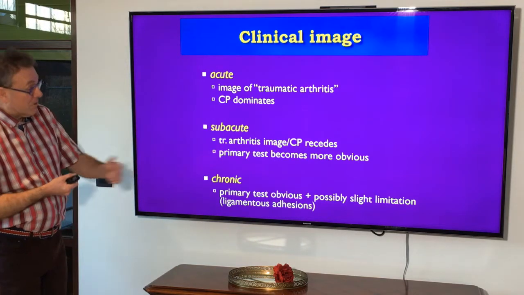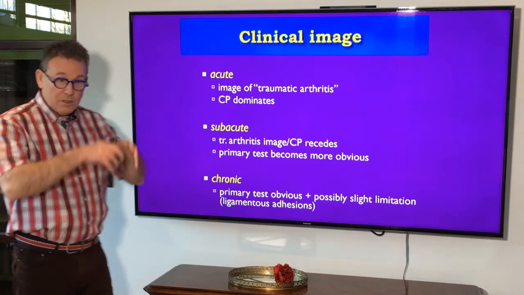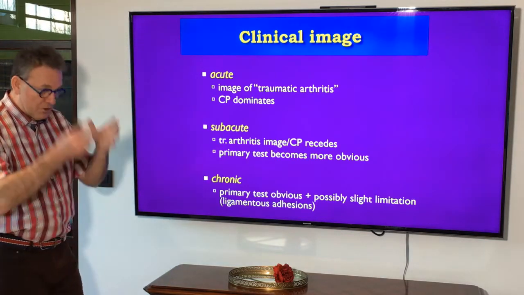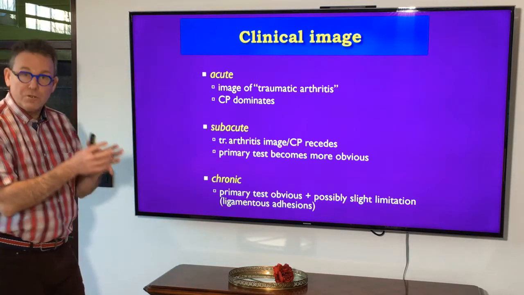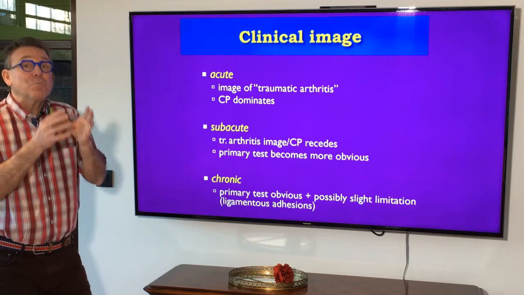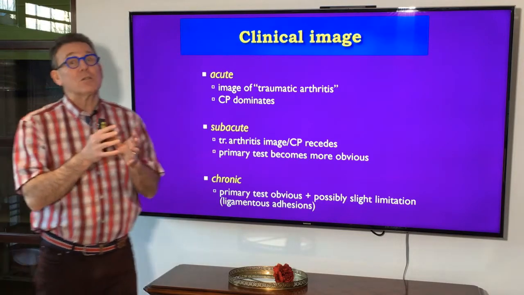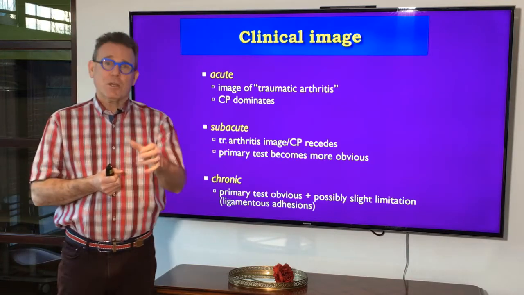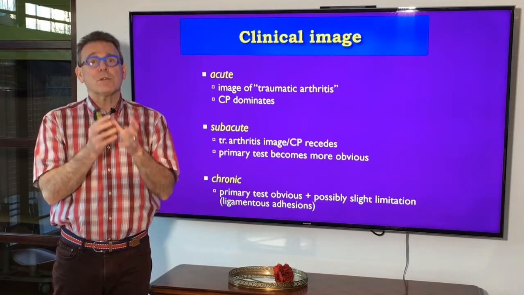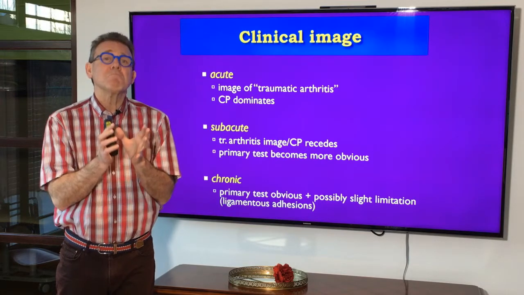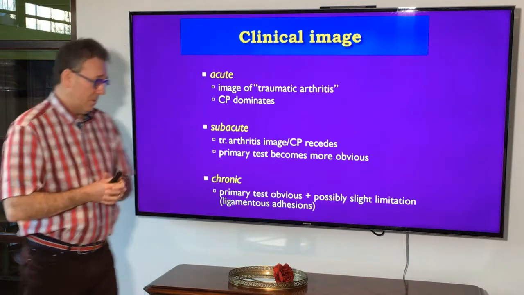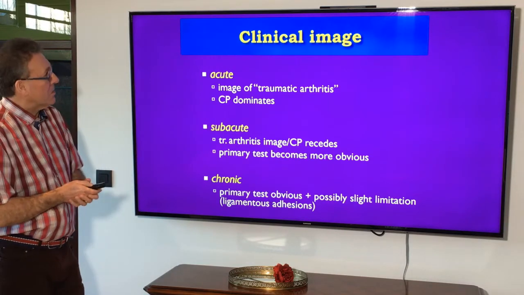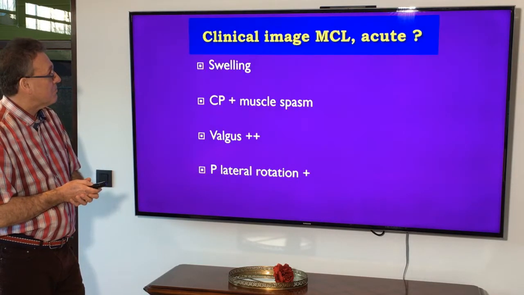And in a chronic stage, this capsular pattern has completely disappeared. You just have a positive primary test and perhaps a slight limitation on a certain test movement. And that's going to be flexion. When there is a chronic MCL lesion, sometimes you find a small limitation of flexion, again because of ligamentous adhesions.